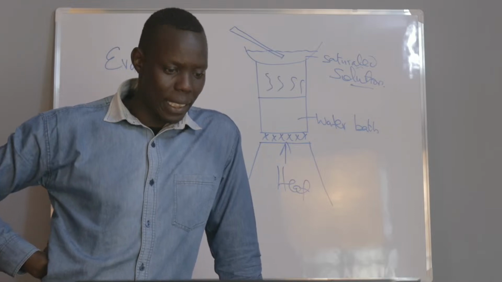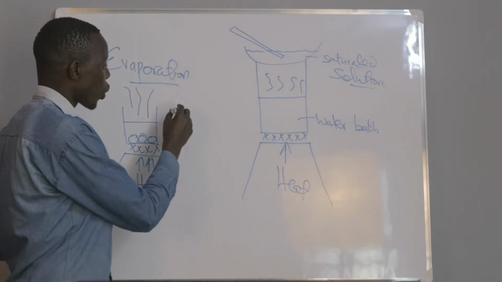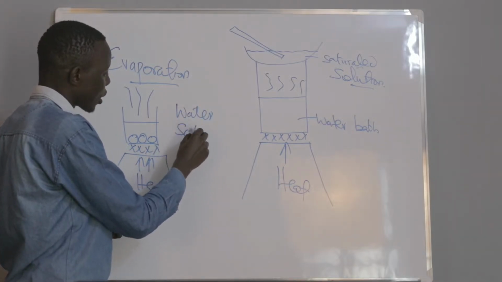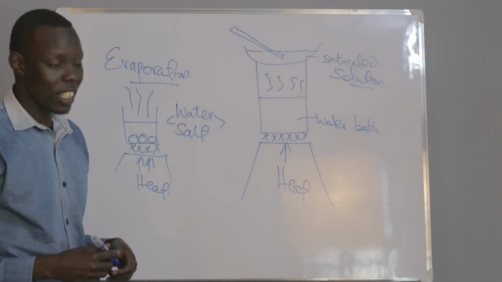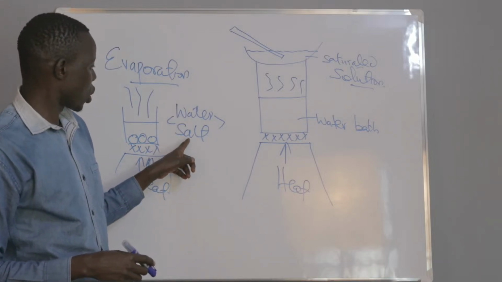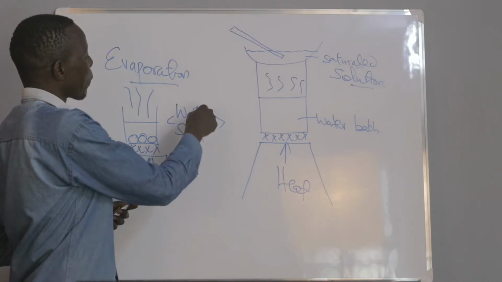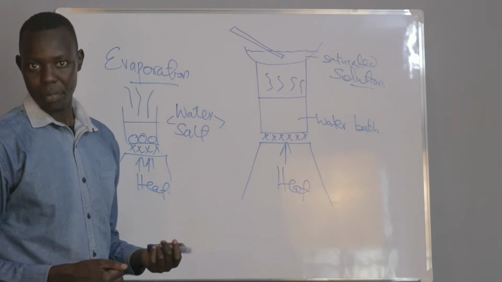But if you have to separate, separating means at the end of the day I want to have water, and I want to have the salt. There's a difference between describing how to obtain salt from a salt solution and describing how to separate water from salt in a solution.